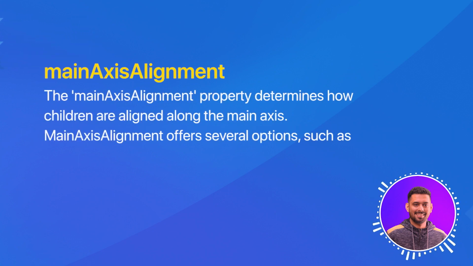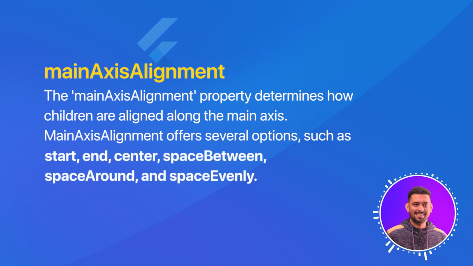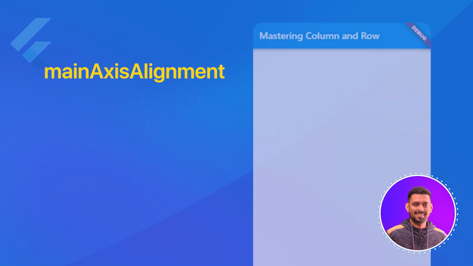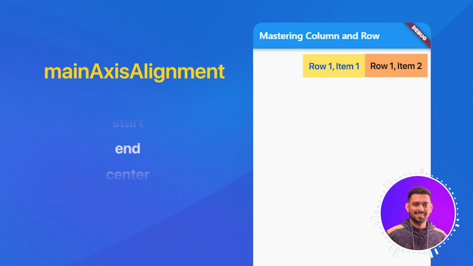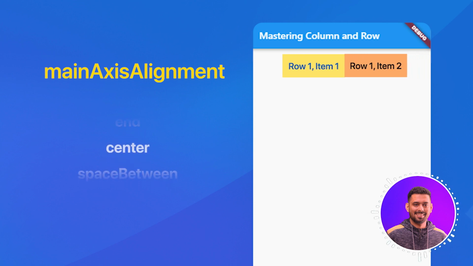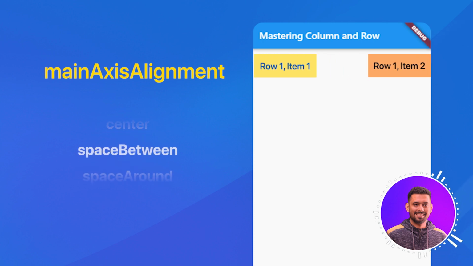The main axis alignment property determines how children are aligned along the main axis. Main axis alignment offers several options such as start, center, space between, space around, and space evenly. Here we can see how different main axis alignment values affect the alignment and distribution of the children.